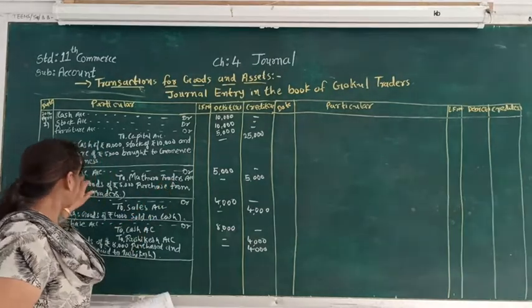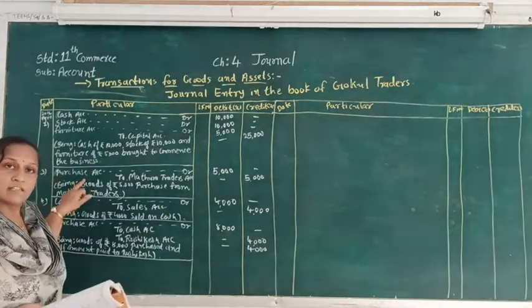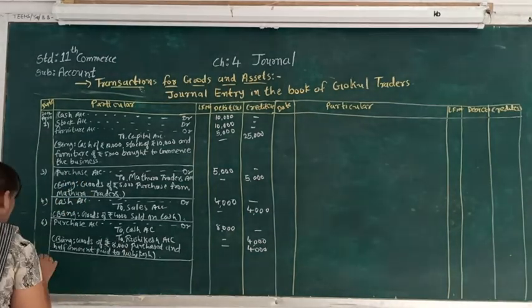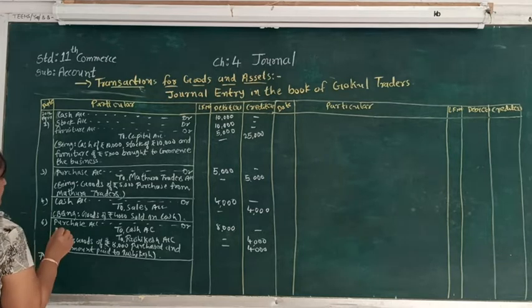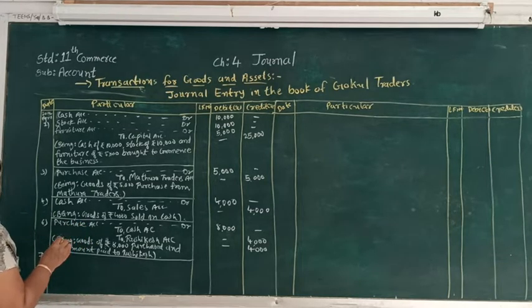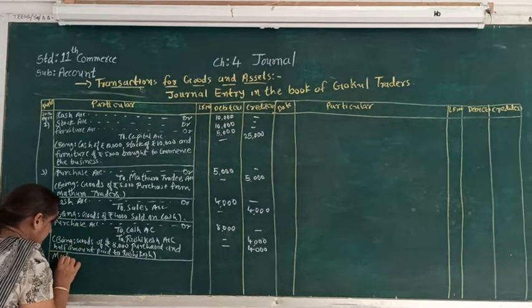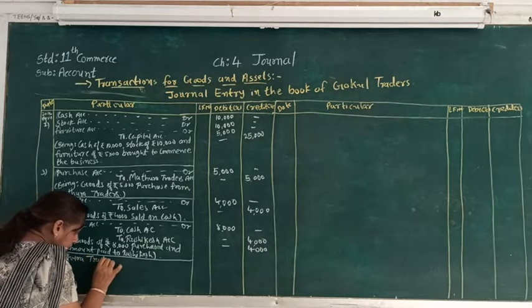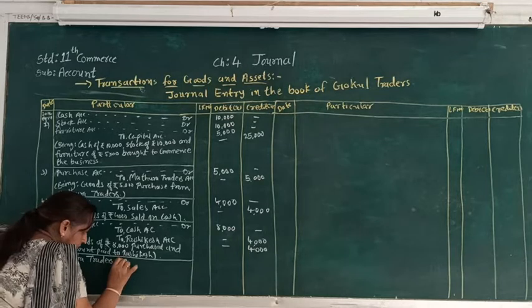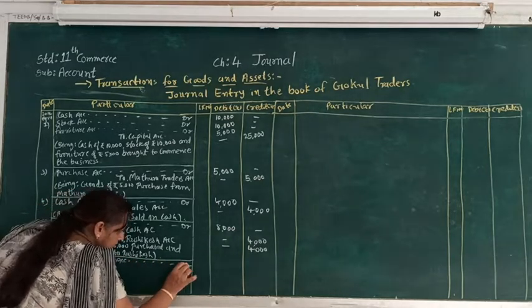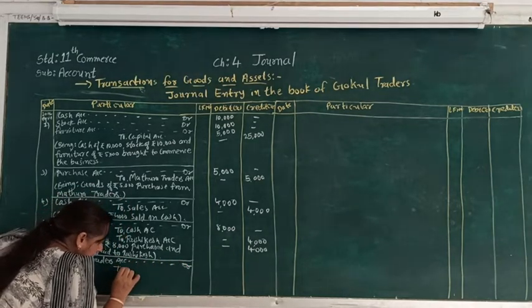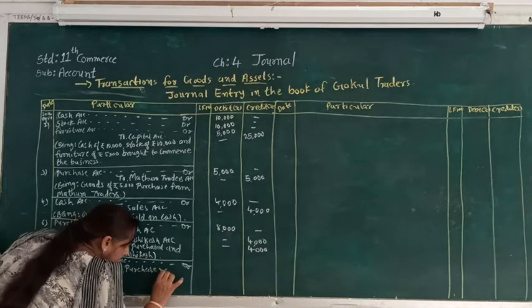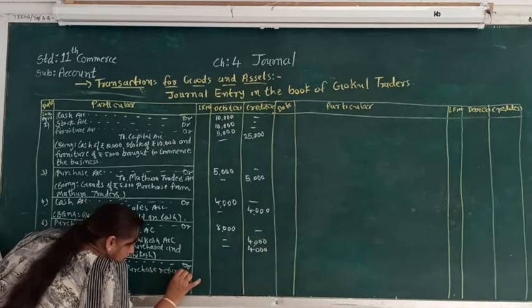So here exactly the reverse entry of this is going to be passed. So Mathura traders account debit to purchase return account.